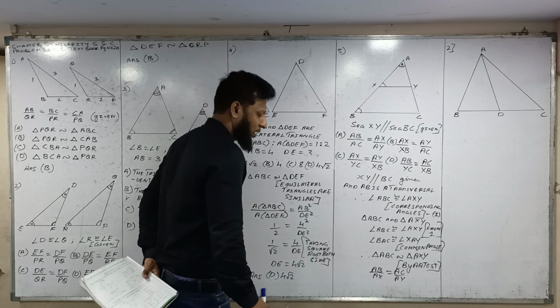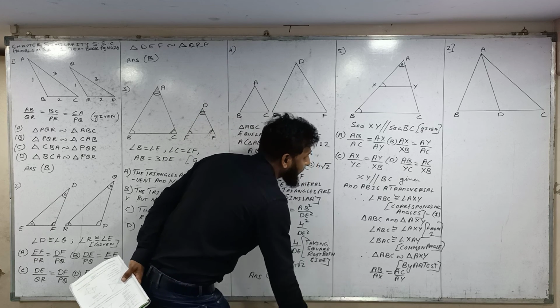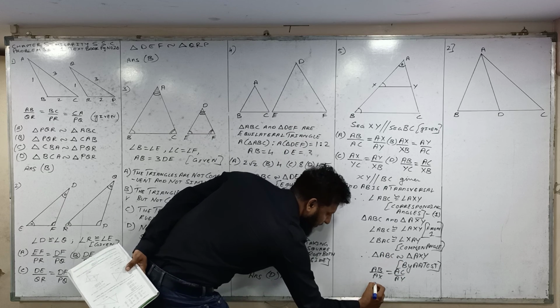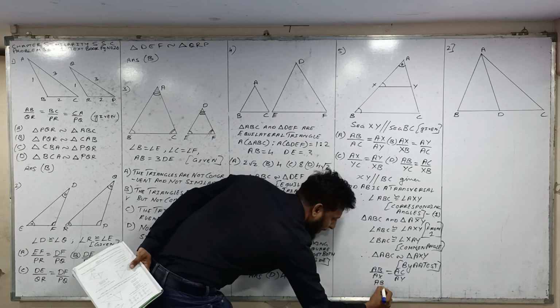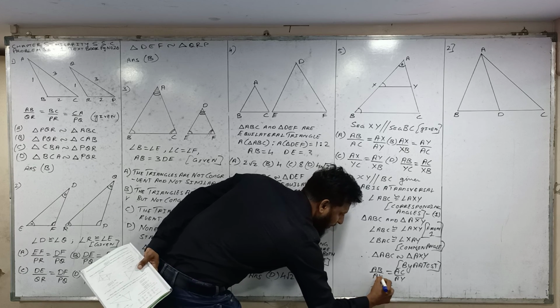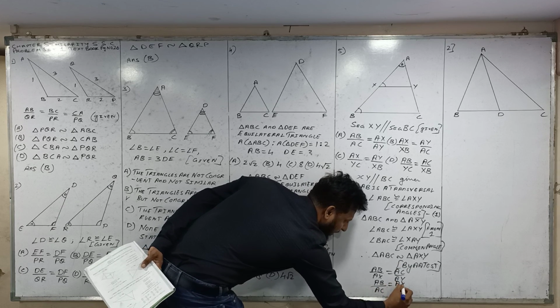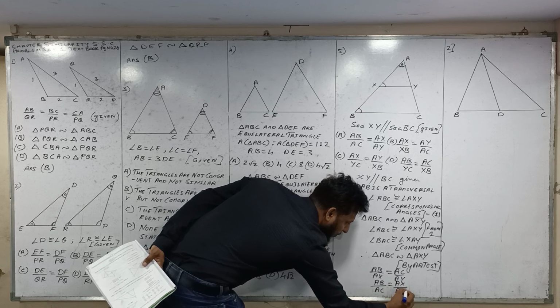Okay, now do the cross multiplication. So AX will go there and AC will come here. Therefore AB upon AC is equal to AX upon AY.